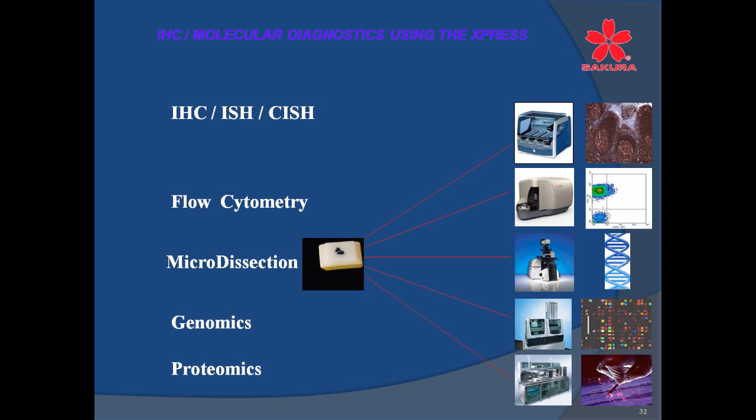We can do that now with online retrieval, with continuous workflow, with very nice quality antibodies. Flow cytometry, we can do that. Microdissection, we can do that today to take small, minute cells off of slides, provided that they're not on your positively charged slides.